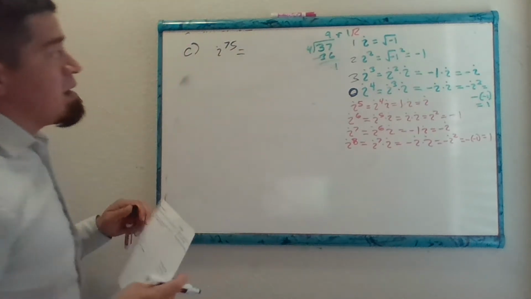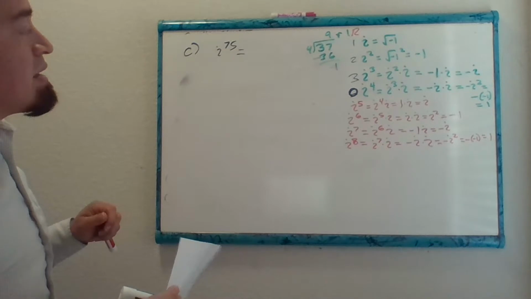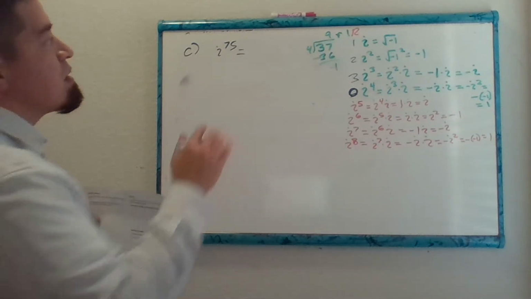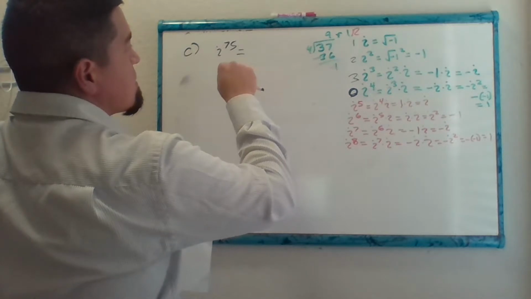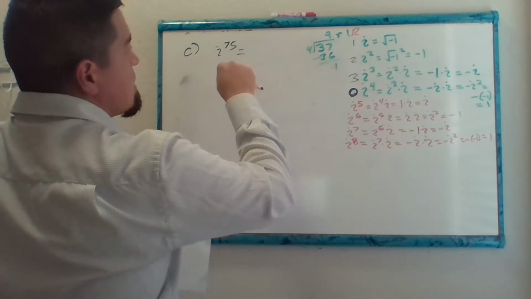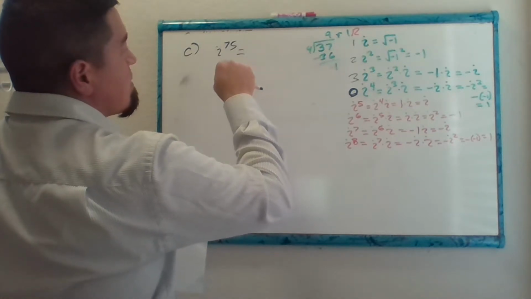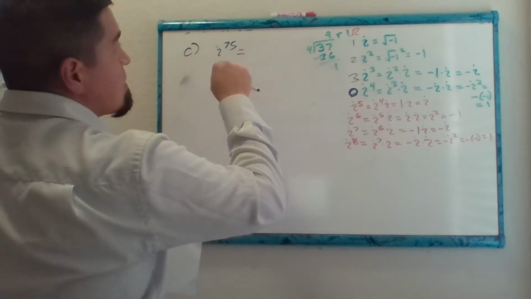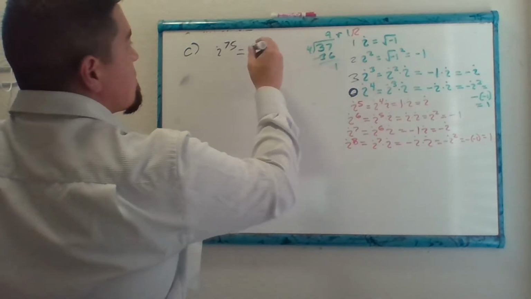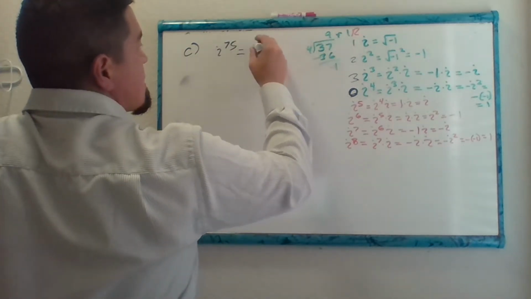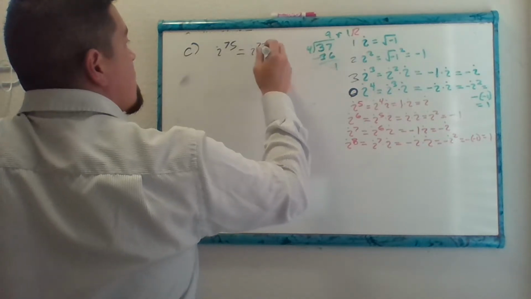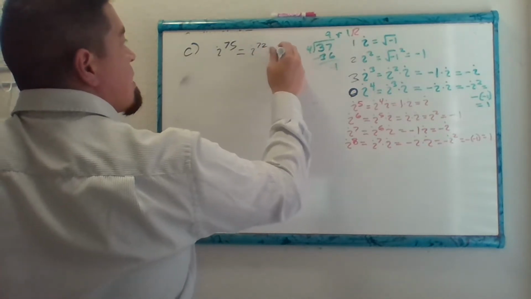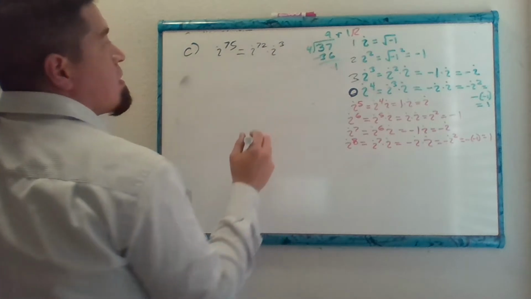We'll see how many times 4 goes into that. 4 times 22 would be too high. 4 times 20 would be too high. 4 times 18 gives me 72. Right, 36, 72, yep. So 72 would be the closest, times i to the 3rd, right?